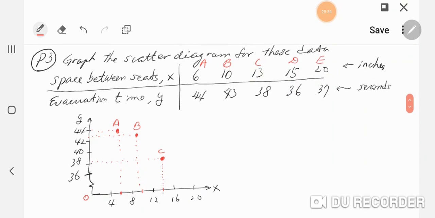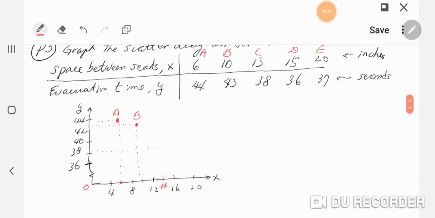Okay. Sorry, this is 14, right? This is 14, not 13. So 13 should be over here. So I made a mistake here. Now C is not there. So C should be on the 13th. This is 13, right? So this is point C.